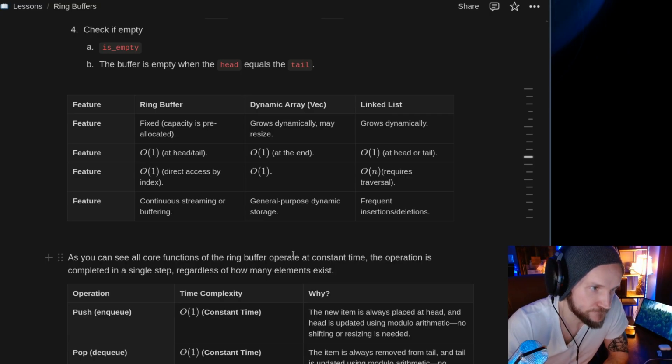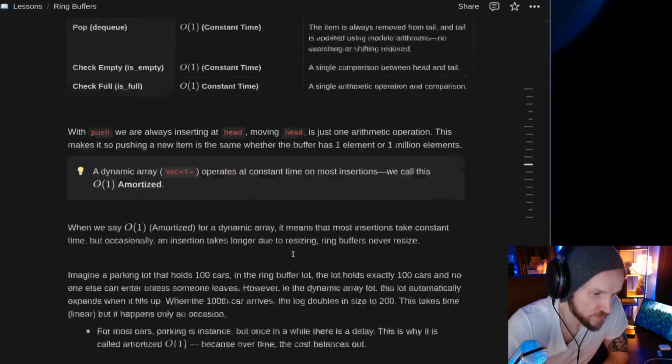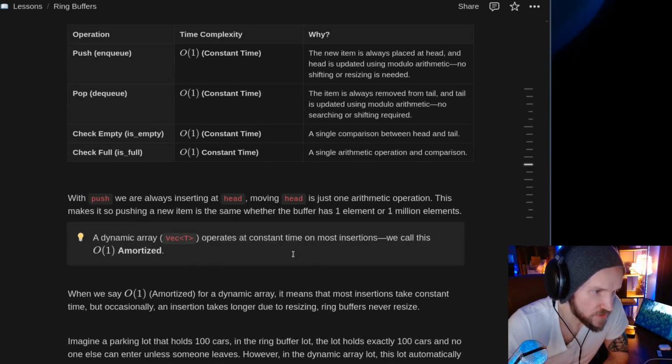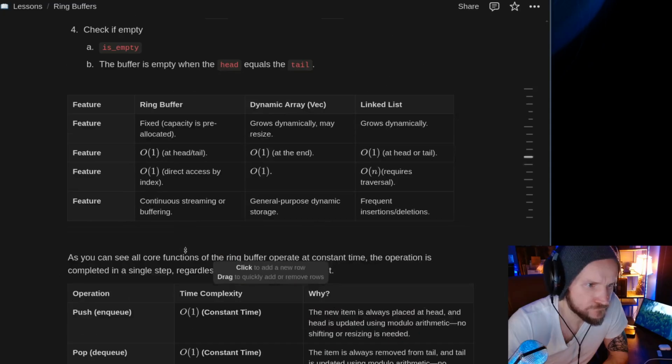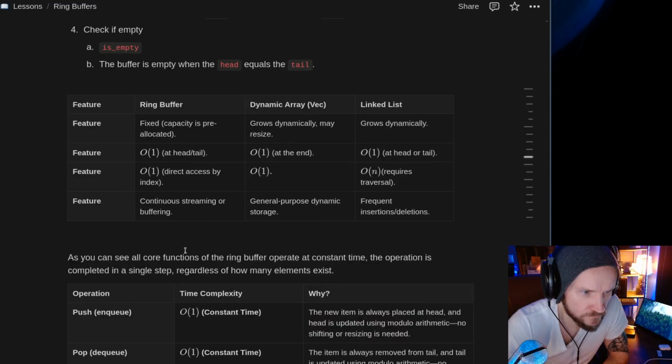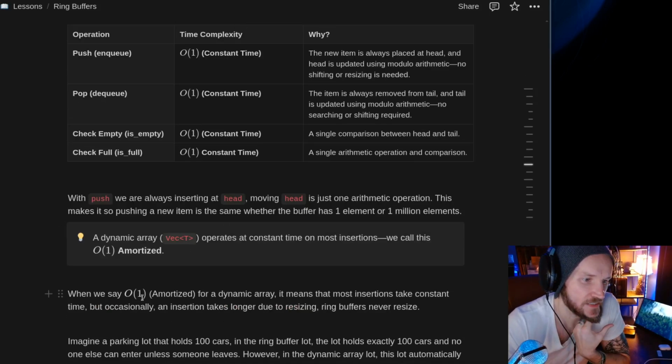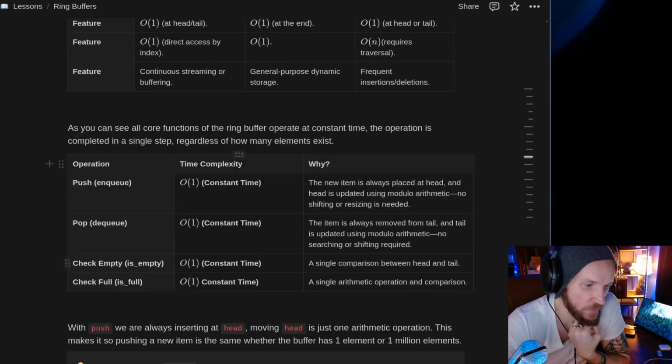Now, you'll see up here, where did I put it? I don't see where I mentioned this, but yeah, the dynamic array, I wanted to call this out.